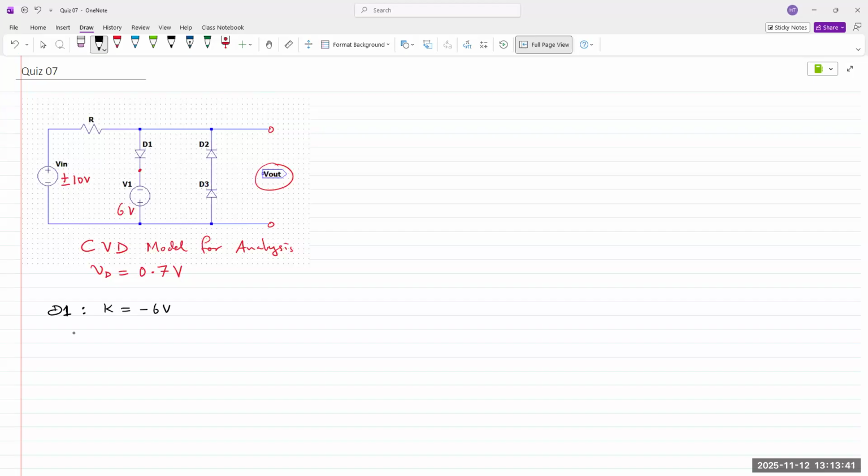What would it take for that anode or for the diode to turn off? Anode must go lower than the cathode. Does everyone agree? What voltage do we need? We need the anode to go below 6 volts minus the diode voltage drop. So I would say for V in between 0 to plus 10, D1 is always on.